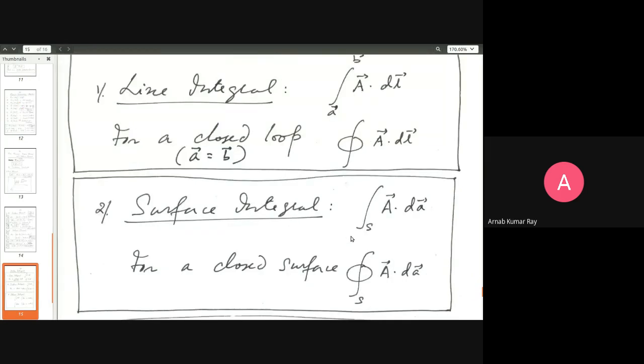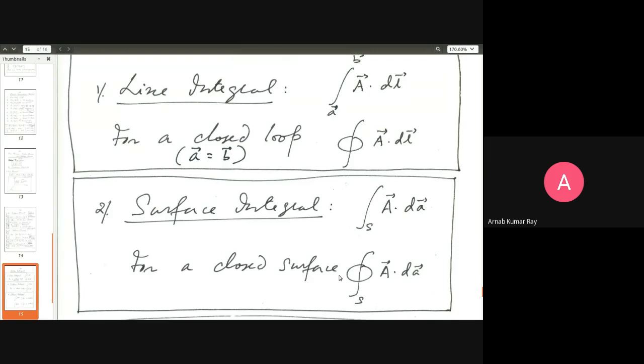Similarly, what does a closed surface look like? Imagine a sheet of paper. A sheet of paper is an open surface. It has got edges, just like an open string has got two end points. Similarly, an open sheet or an open surface has got bounding perimeters, edges.